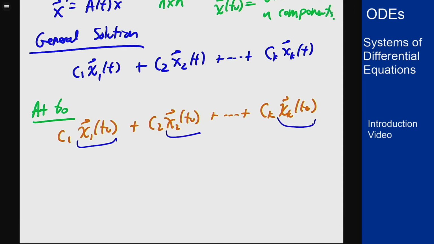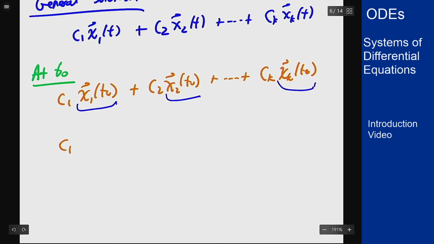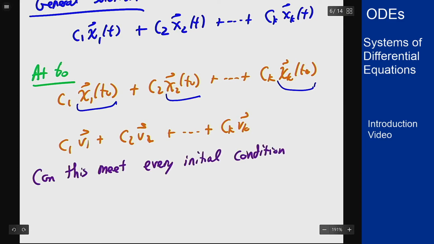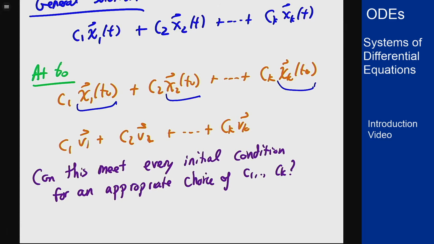So I end up with something like c1 v1 plus c2 v2 plus ck times vk. And I want to know, can this meet every initial condition for an appropriate choice of c1, c2 up to ck? If we think back to linear algebra, this looks very familiar. This here is a span. We're looking at the span of the vectors v1, v2 to vk.